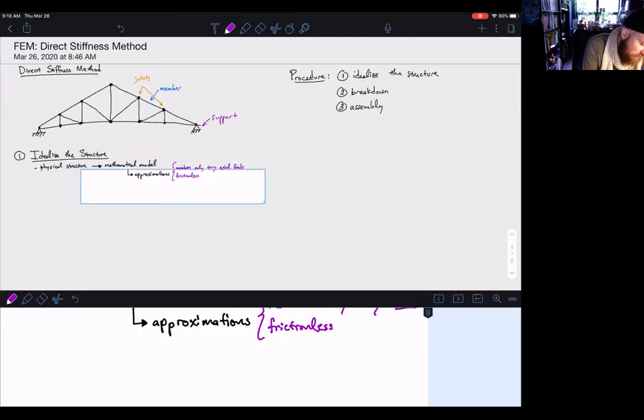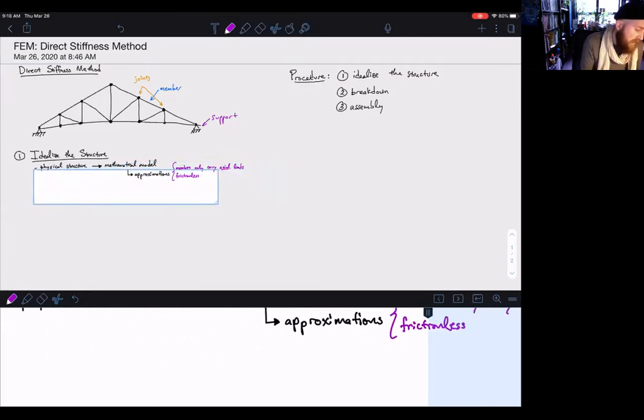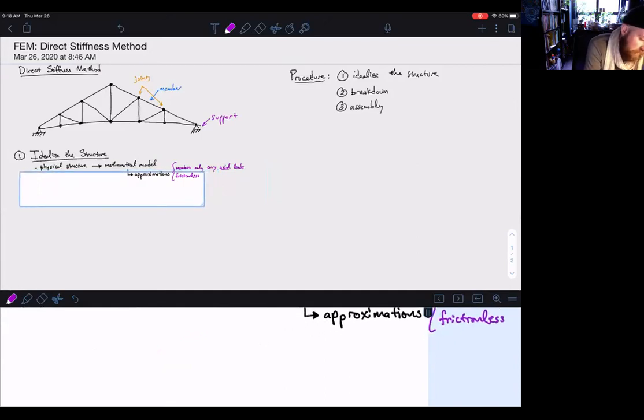So to start with, we're going to look at what is generally thought of as the simplest plane truss. Plane truss meaning this truss only exists in the plane.